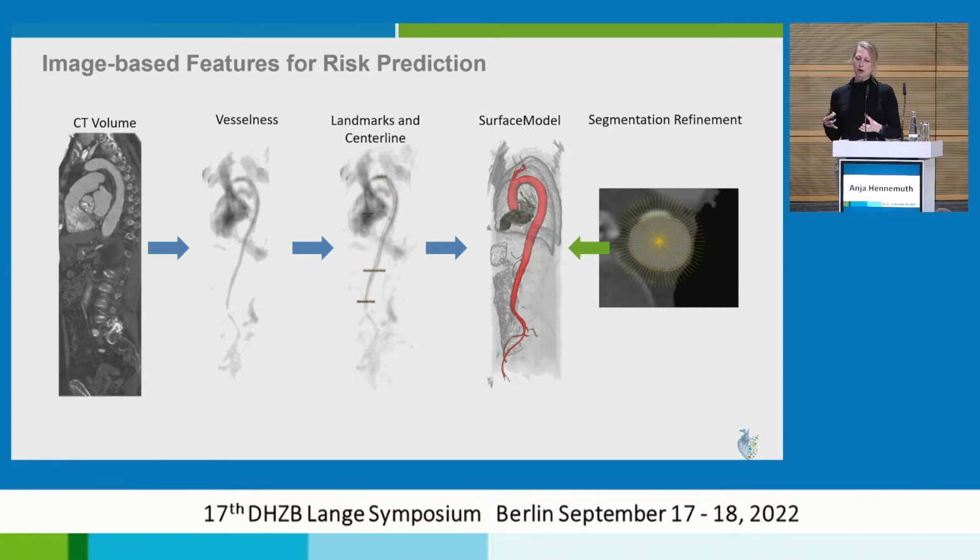We still have our toolbox for standard image processing, which enables us to derive information which could be relevant for decision support, such as what is the course of the aorta, what geometric features do we have there, and where is the actual diameter.